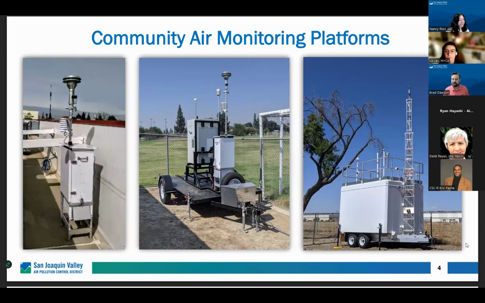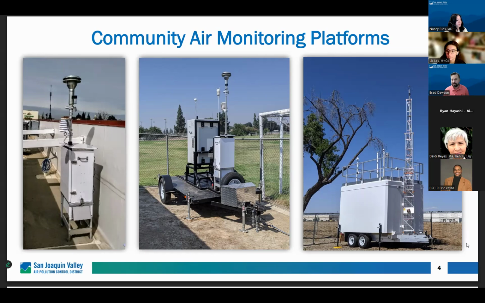This slide right here is just a reminder of what type of monitors we do have. On the far left of this slide is a PM 2.5 monitor that reads hourly PM 2.5 concentrations. The middle one is a more robust unit.